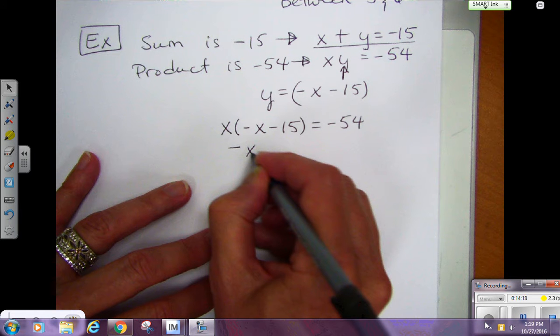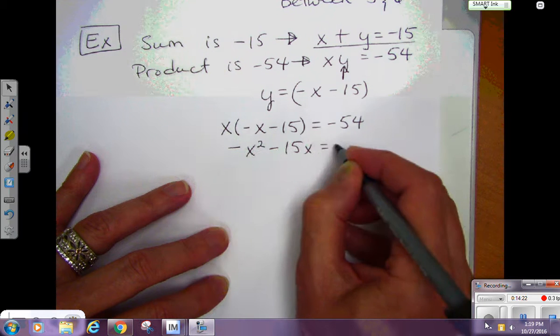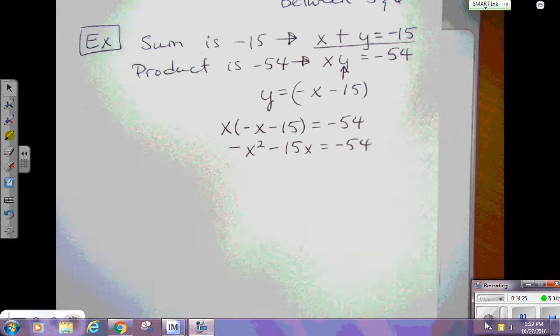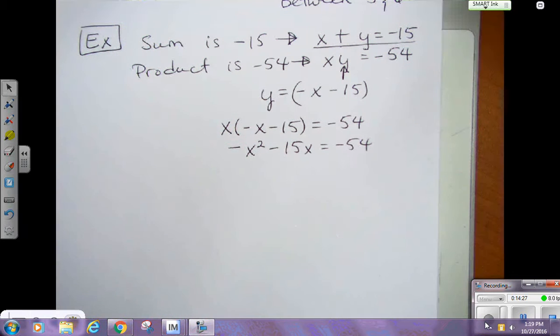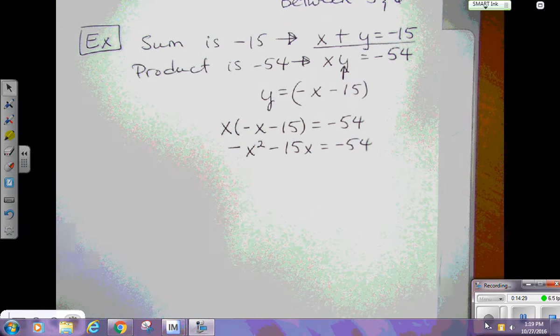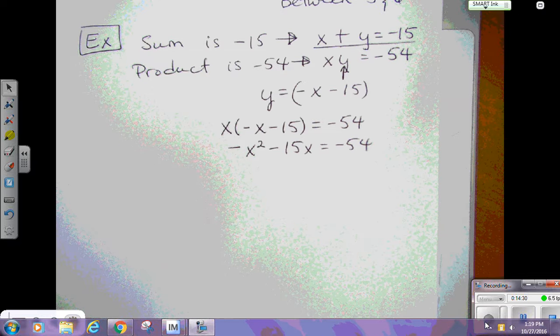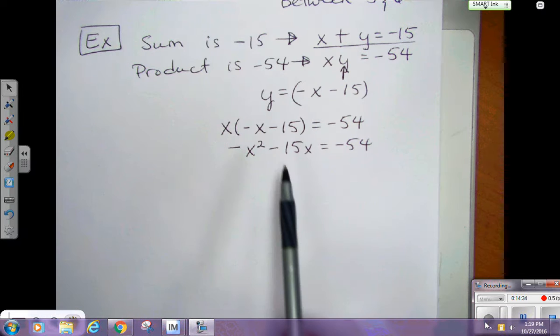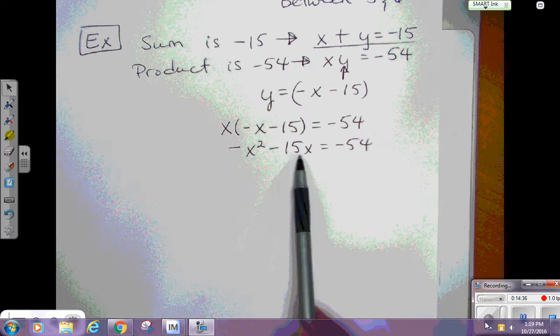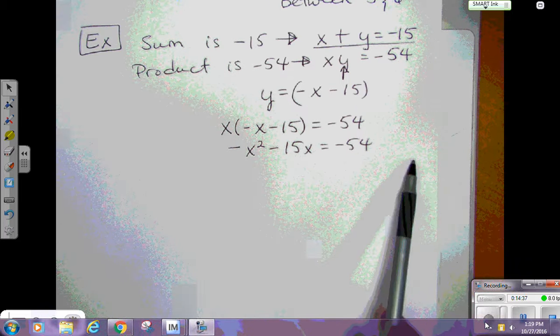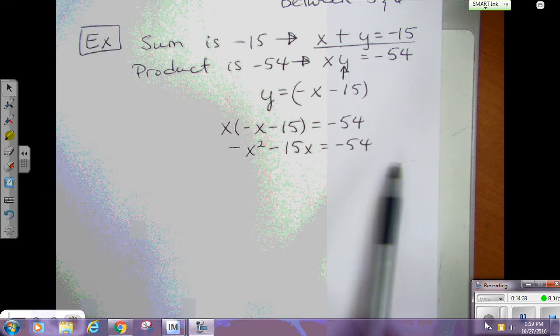Okay, and before I can type it into my calculator and look at the graph, I need to set it equal to 0. So I'm going to move the x squared and the 15x to the right side so that they're positive. It doesn't really matter. Yeah, I know it's going to make it either open up or down, but it's going to cross at the same place. So you could do it either way.